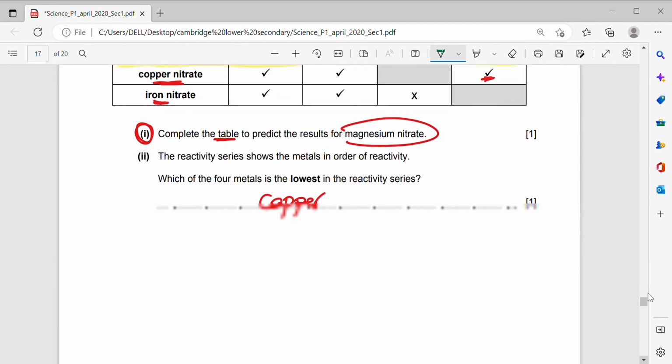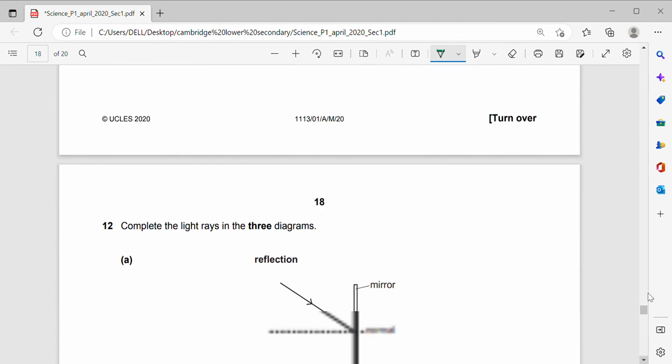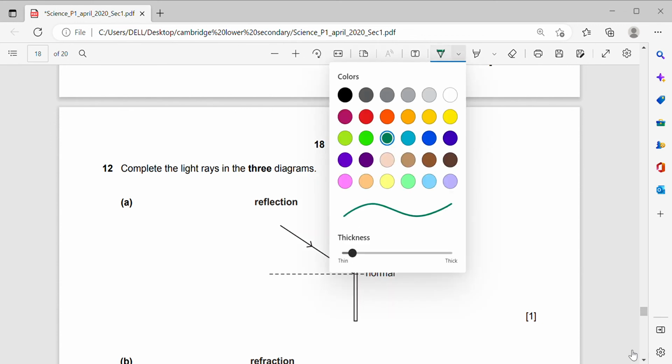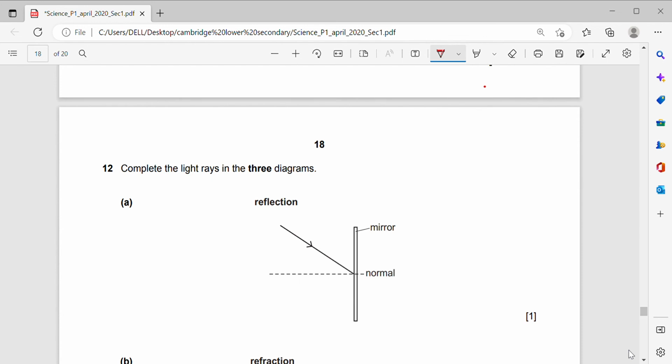Next question. Complete the light rays in the three diagrams. A reflection, B refraction. Let's see A first. Here we have to complete the diagram. Use a ruler in the exam. Here this is the reflected ray.